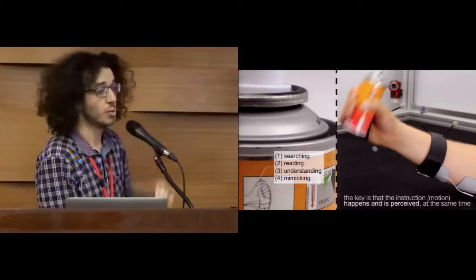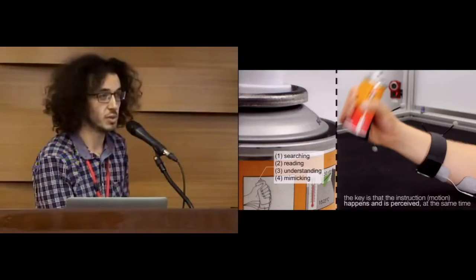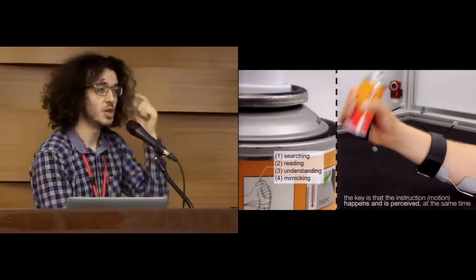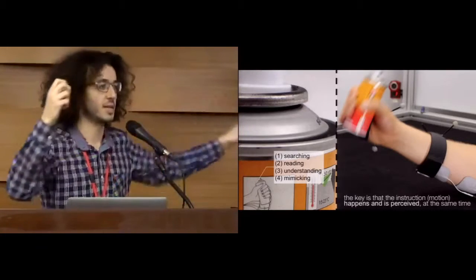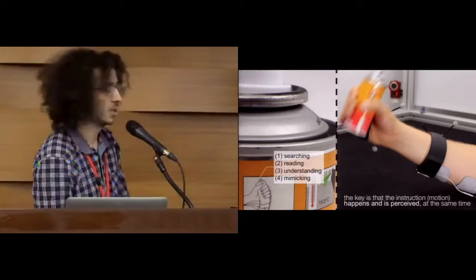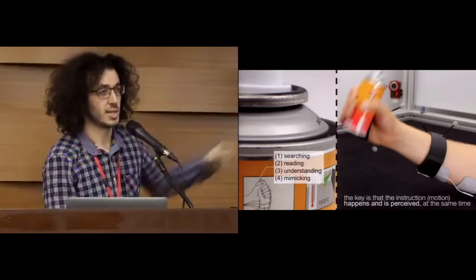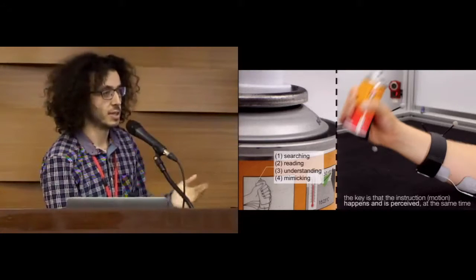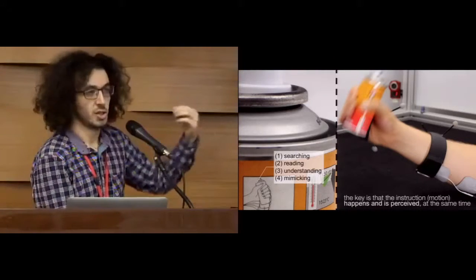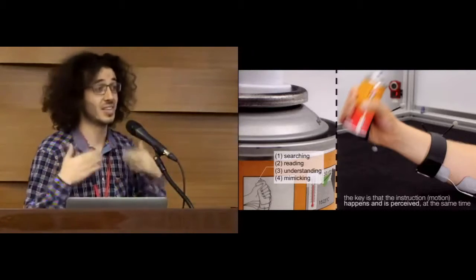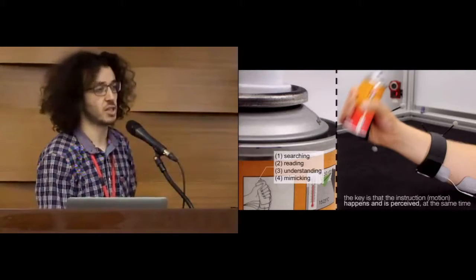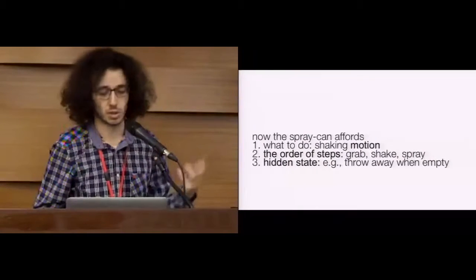You go and search for this label, you read the label, you understand the label, and then you mimic what you see in the pictogram onto your muscles. You kind of pass it onto your muscles. Now, the key in Affordance++ is that that just happens, right? The instruction of the motion of the shaking is perceived through your proprioceptive system at the same time. The next time you might just shake it yourself because you kind of understood it.